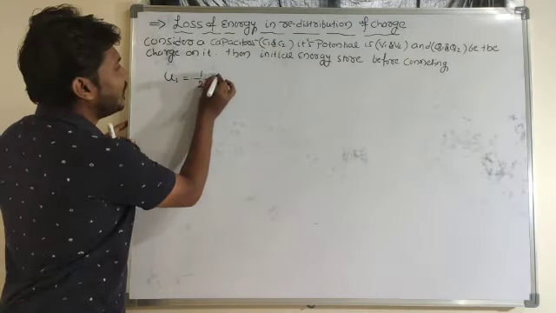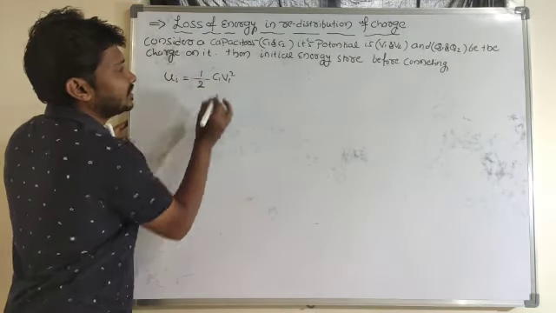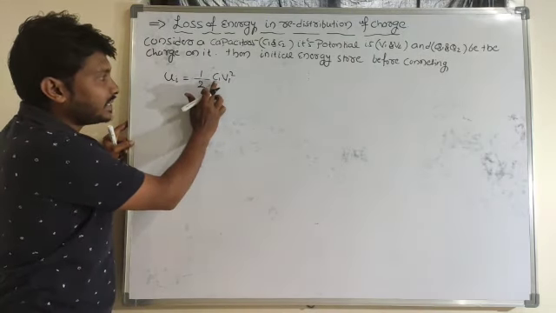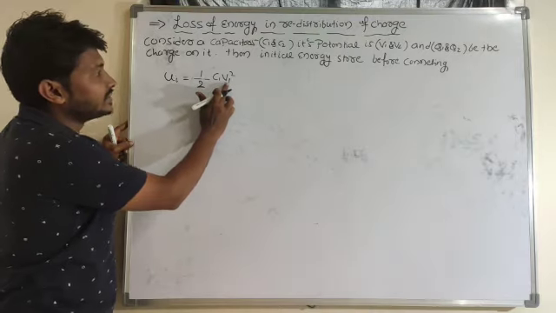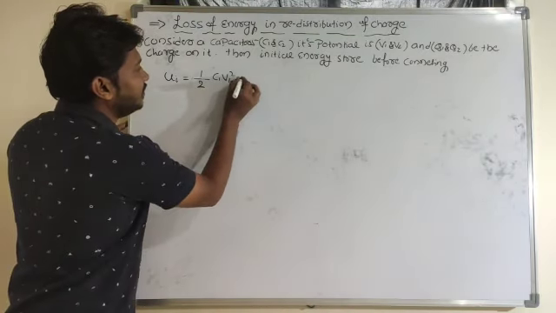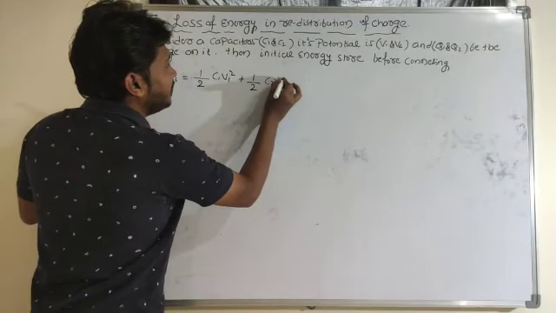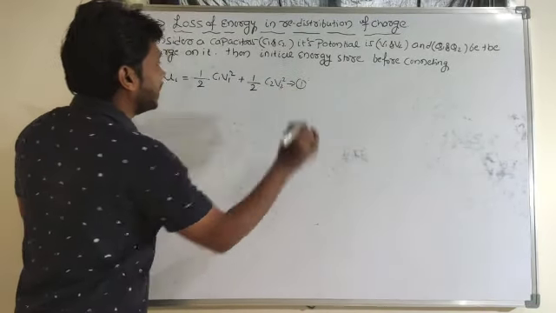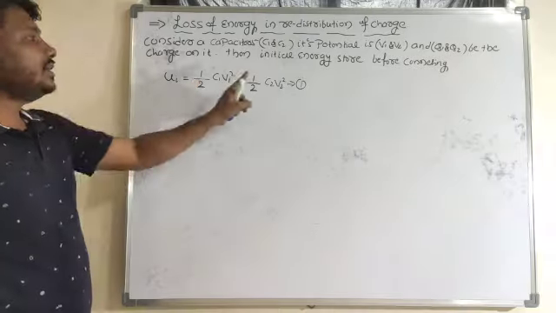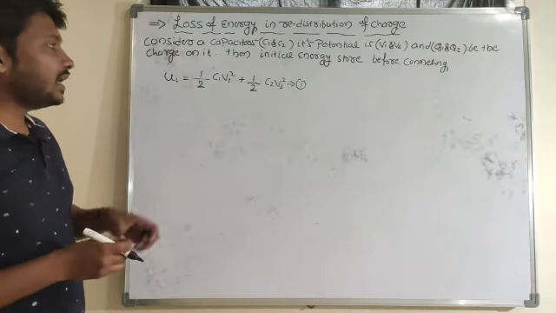So half C1 V1 squared initially, where the first capacitor has capacitance C1 and potential V1, plus half C2 V2 squared. So this is the initial energy stored.